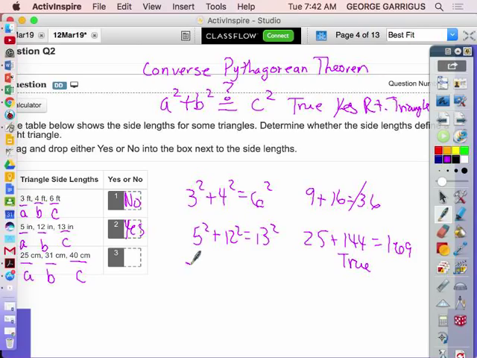And 25 squared plus 31 squared equals 40 squared.